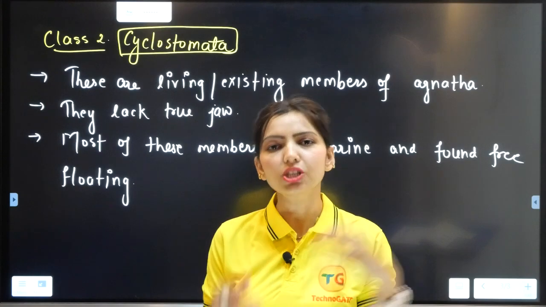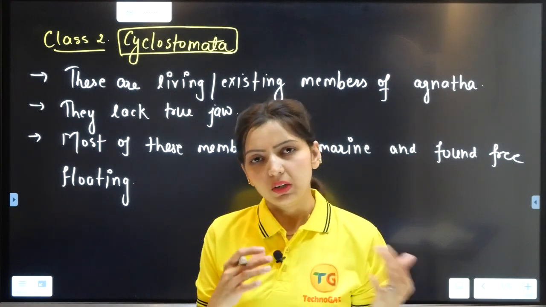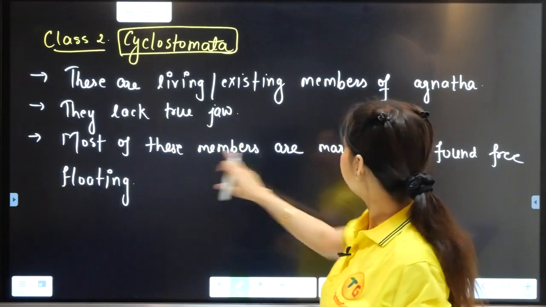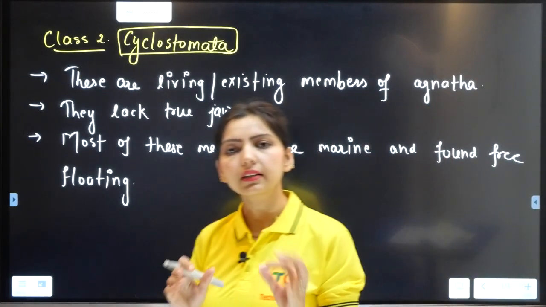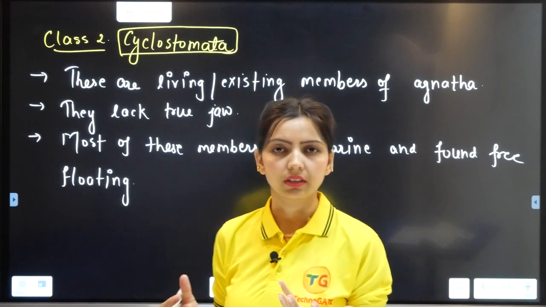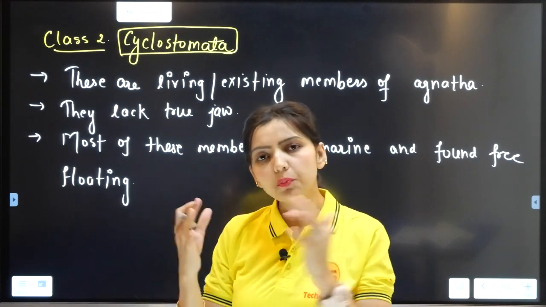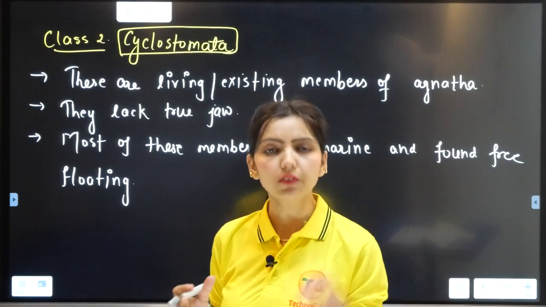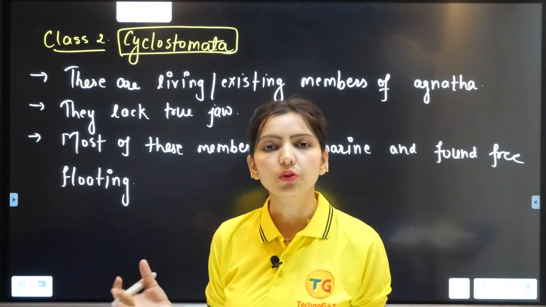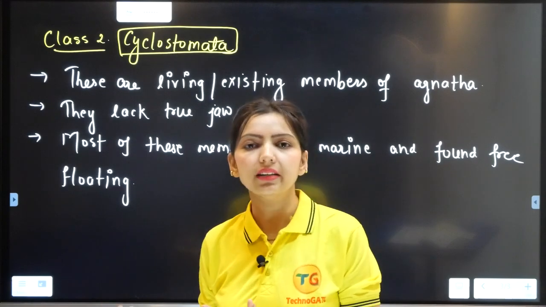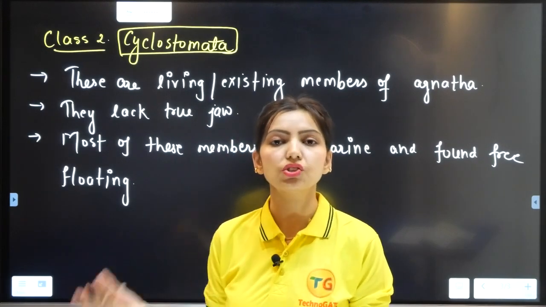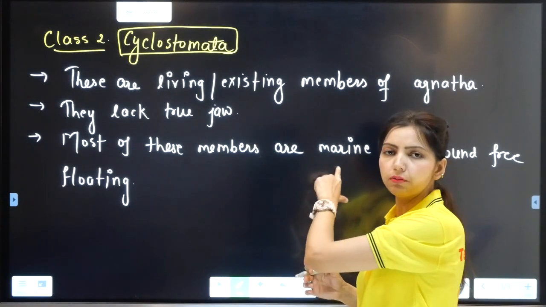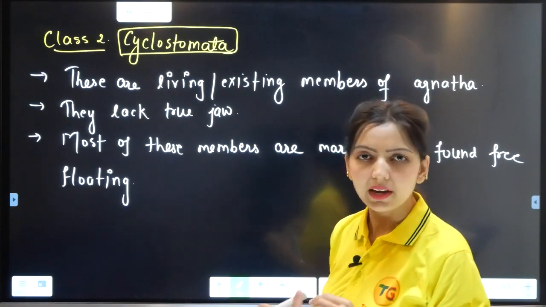So I don't have to mention that point again and again. Similarly, if we are mentioning that they are marine, it means they reside in sea water, salt water. It is obviously clear that they live in water only. Water will not be on the land; it will be land itself, terrestrial. So we are not mentioning aquatic, but it is very clear from the word marine. I hope it is clear?